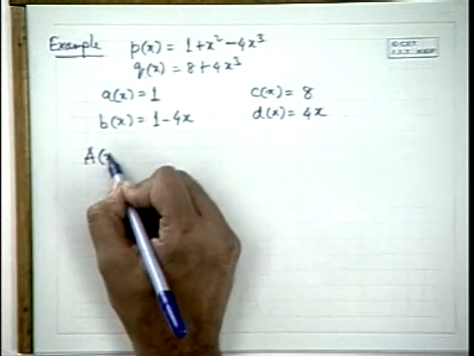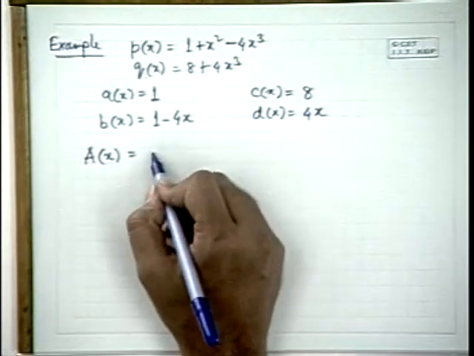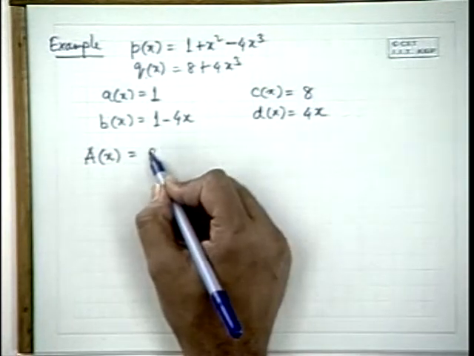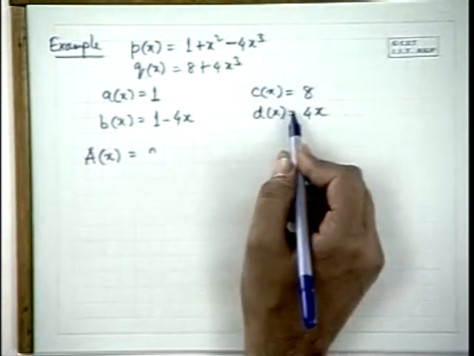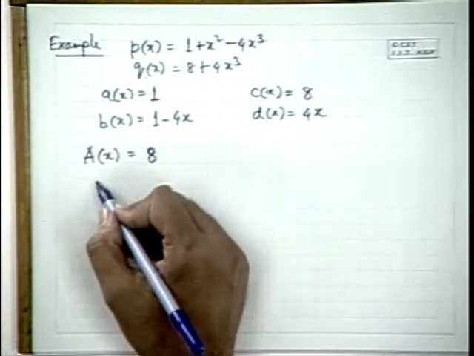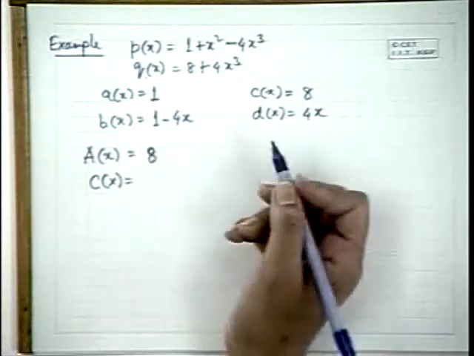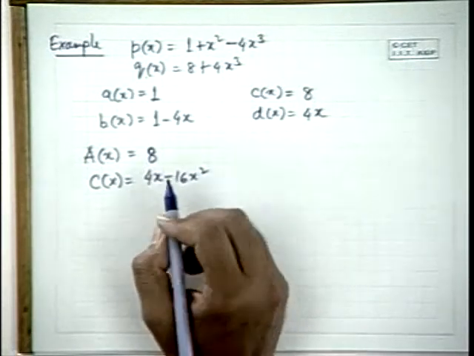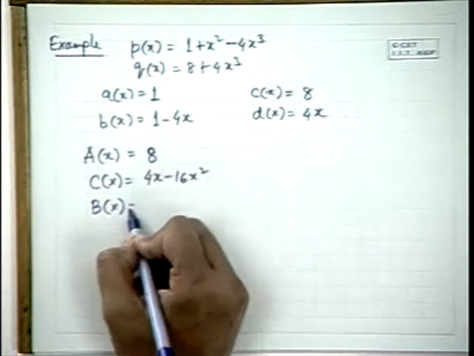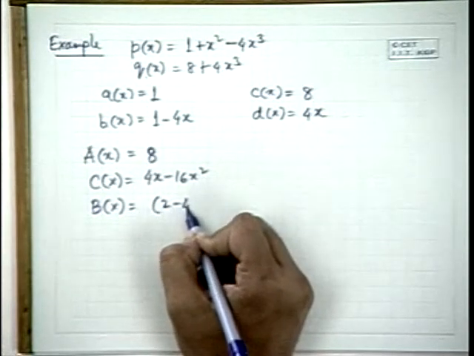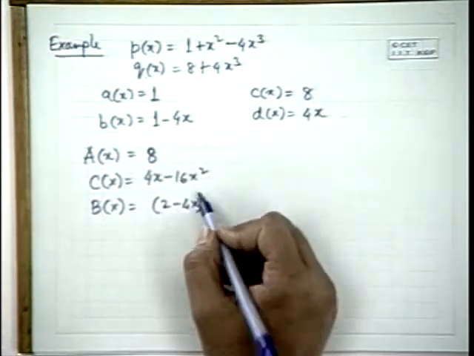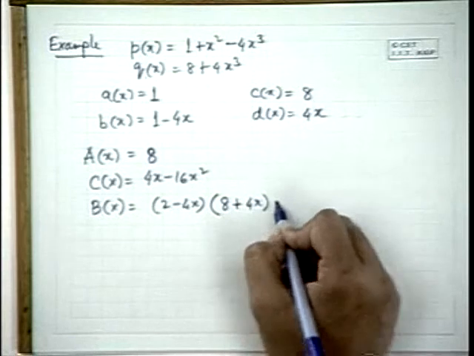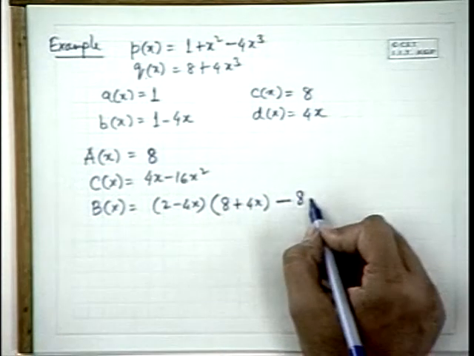Now your Ax is nothing but small ax times small cx, which is 8. Then Cx is bx times dx, which is 4x minus 16x square. And then your Bx is nothing but (ax plus bx) times (cx plus dx), which is (2 minus 4x) times (8 plus 4x), minus Ax minus Cx.